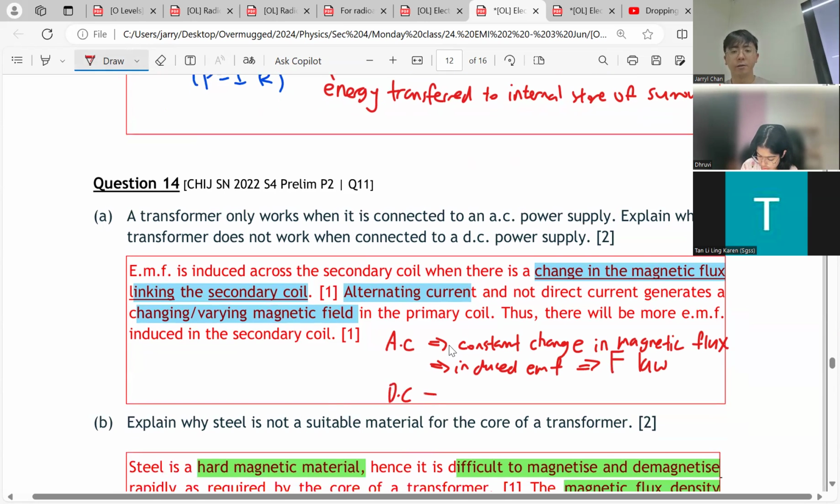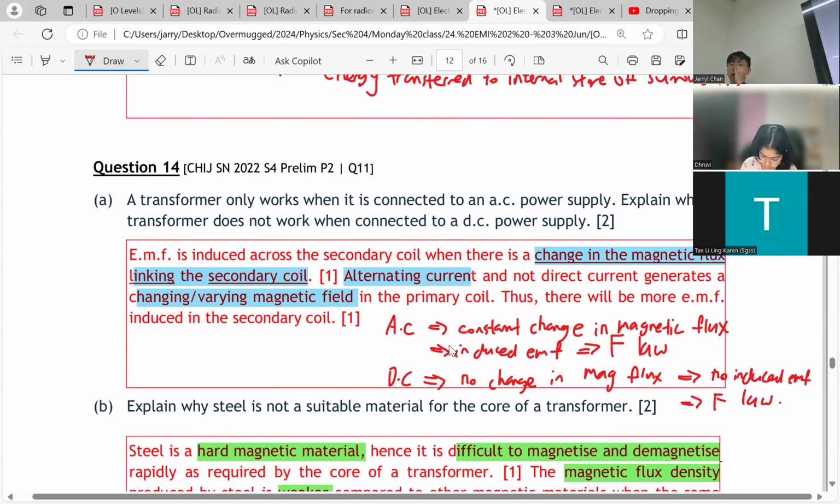DC, same thing, still Faraday's law, but there is no change in magnetic flux, so no induced EMF, by Faraday's law.